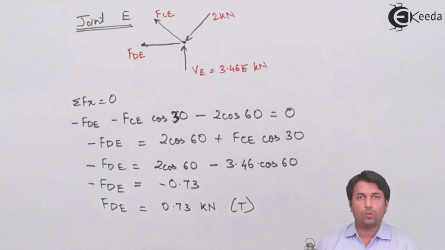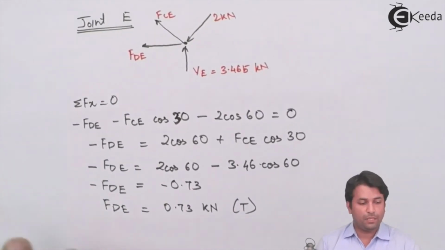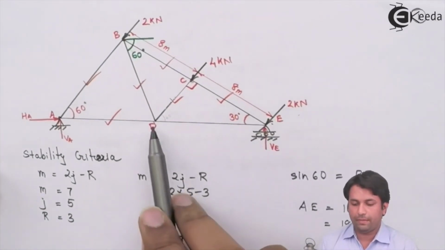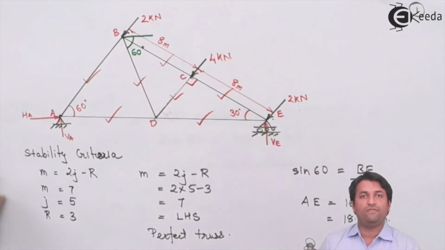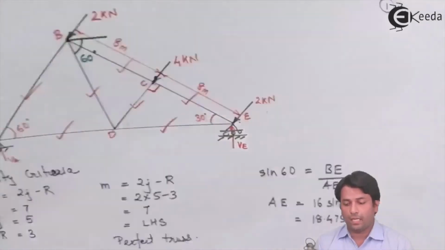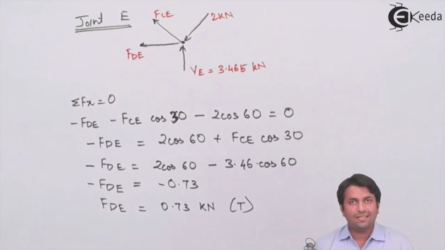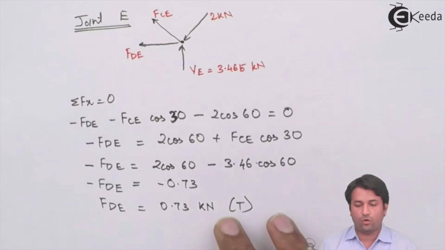Now what we have got over here is the force in member DE. That was the last member left out. We have got the value of DE as well, and that is coming out to be 0.73 kilonewtons and tensile in nature. Now the last step that remains is to tabulate all the results that we have got.